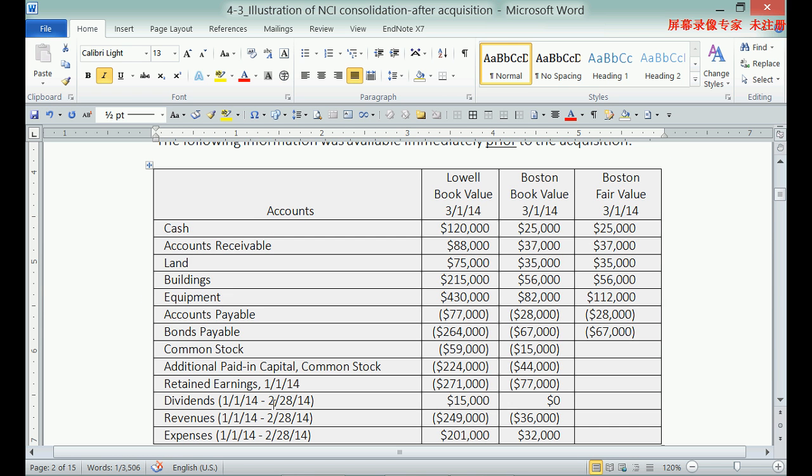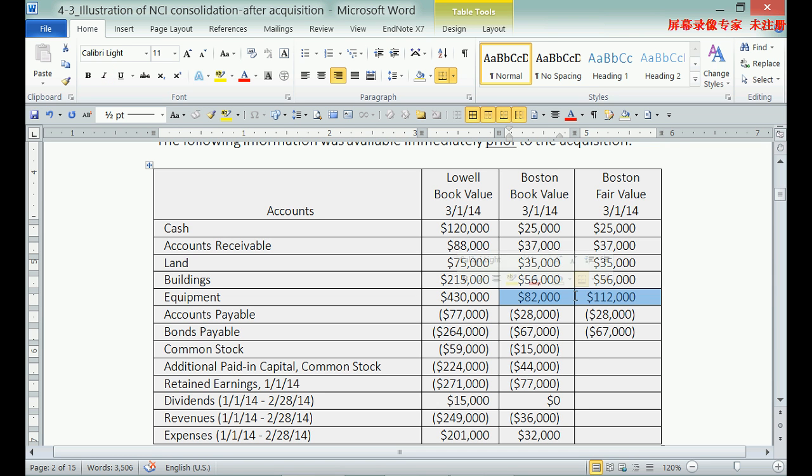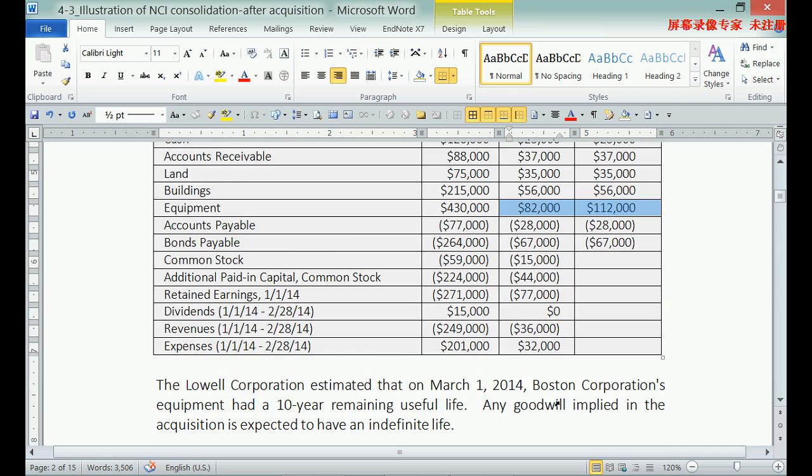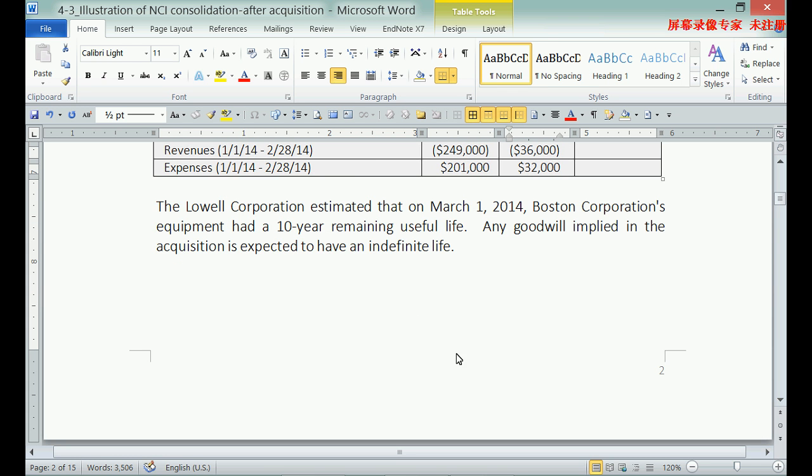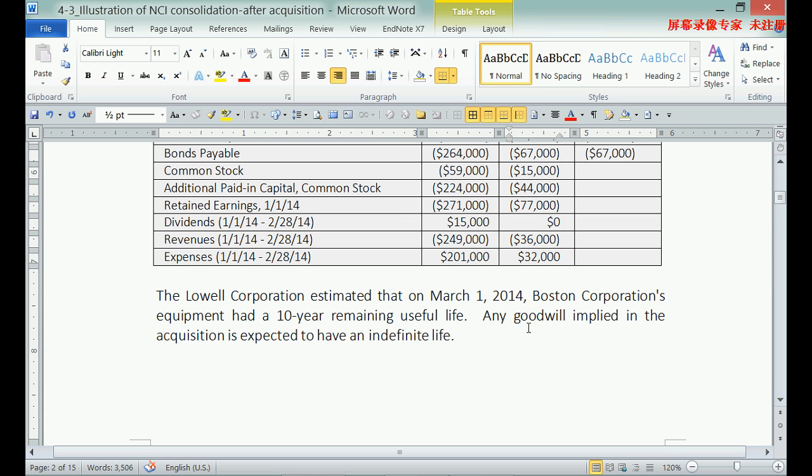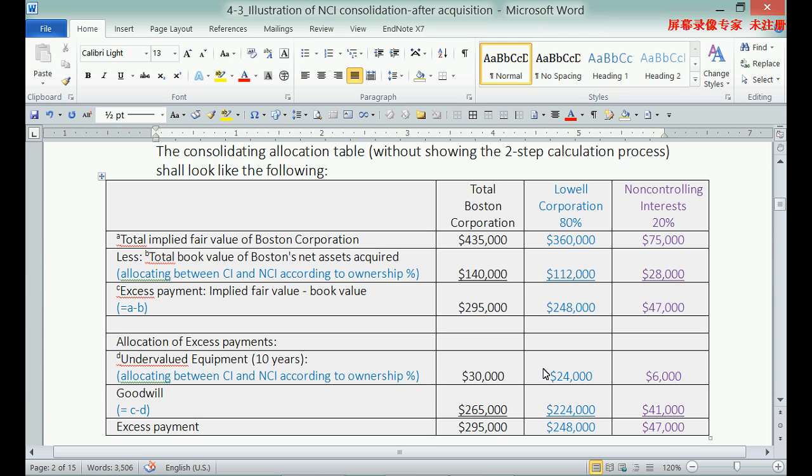We can see that Lowell Corporation's and Boston Corporation's information are as follows, and we see that the equipment was undervalued by $30,000. Other things are the same. The fair value and the book value are the same. We know the equipment had 10 years remaining useful life, and any excess over book is attributed to goodwill.